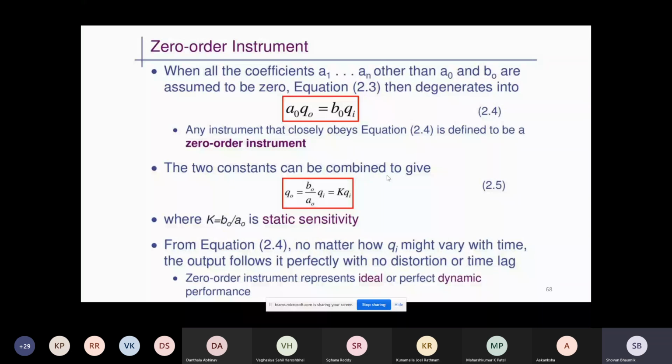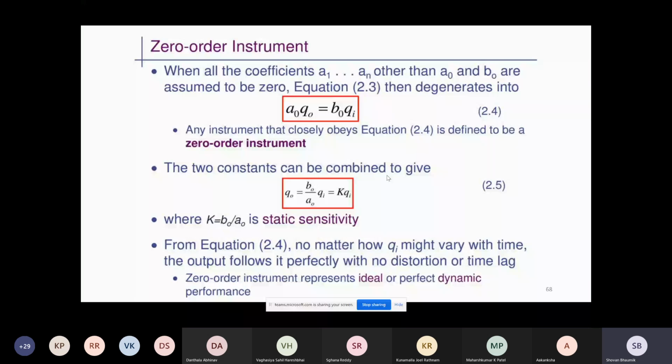So q0 will be equal to b0 by a0 qi, or q0 = k qi. If you want to know the input from the output, you divide the output by the constant k. The output will be a constant multiplication of the input, and when the input varies, the output varies similarly and instantaneously. There is no dynamics, and the gain k is known as the static sensitivity.